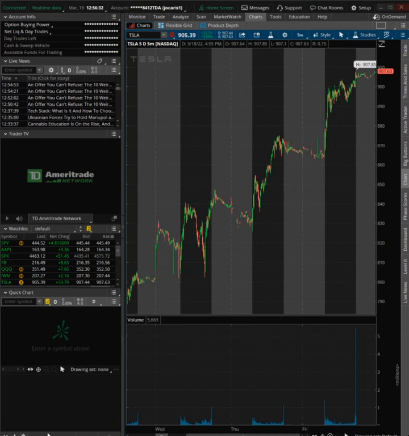So this is what we're looking at here. The actual stock we're looking at is Tesla, but we'll get into that shortly, because I want to give you guys that 30,000 foot perspective on what it is that you're looking at, and how you would utilize this system to help you in trading options. So we're going to go ahead and take a look at it, guys.